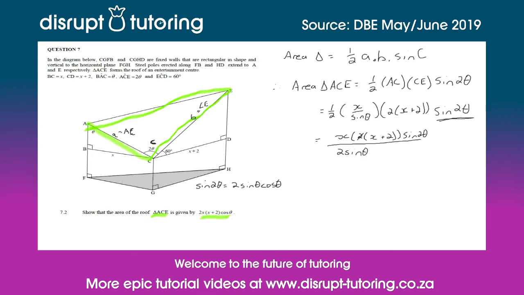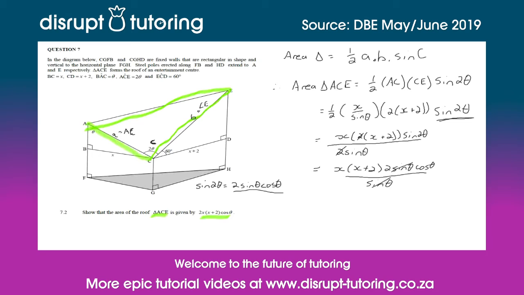So that cancels with that. Now we're going to replace this formula in there, so it becomes x times x plus 2, and it's going to be 2 times the sine of theta cos of theta all over sine of theta.